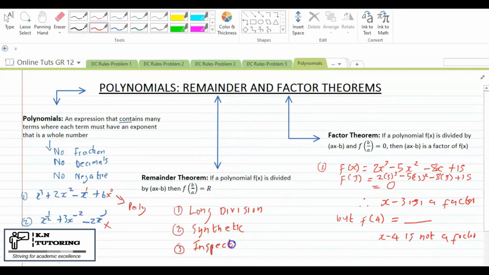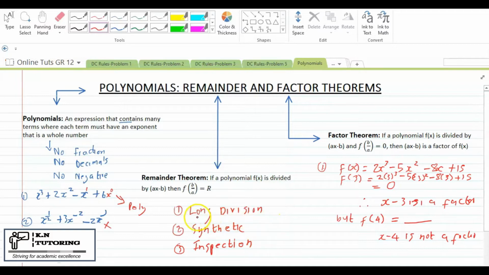These are the 3 different methods that you will be able to use to factorize cubic functions. Not necessarily only cubic functions, but for your syllabus, you'll be given cubic functions and asked to factorize, and you can only use one of the three. It doesn't matter which one you like.